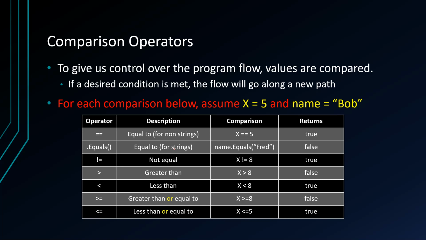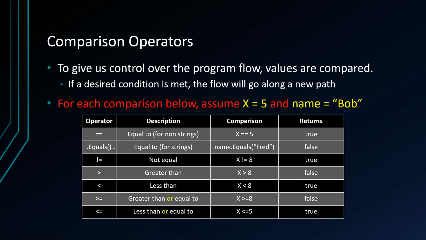Great. Now, when we want to compare strings, we can't use the equals equals operator. Well, technically we can, but it doesn't yield the result that you want all the time. When we get into more complex things, you're going to find that it fails. So in order to always be safe, use this command, dot equals.